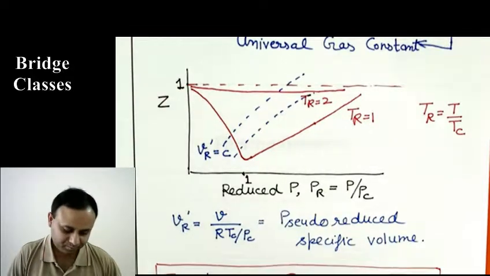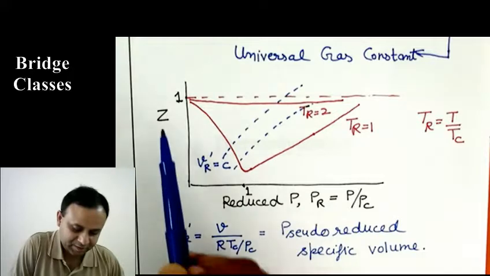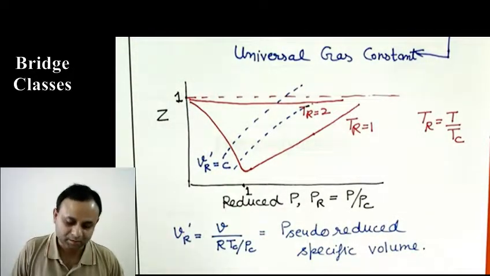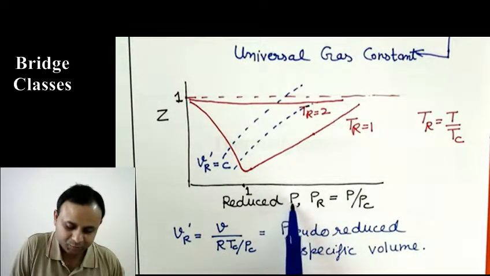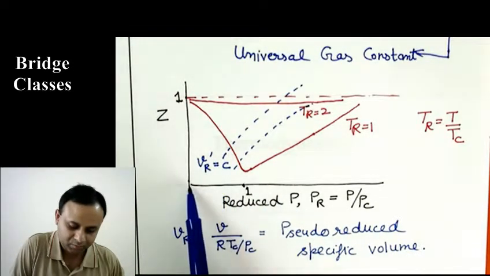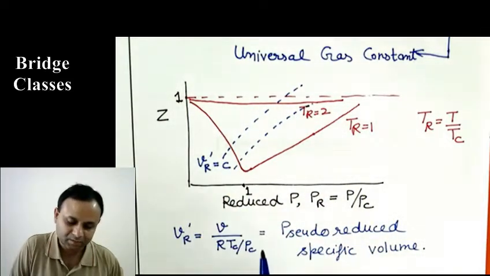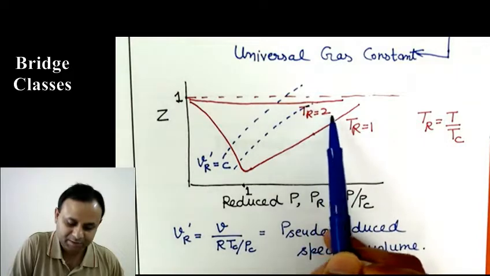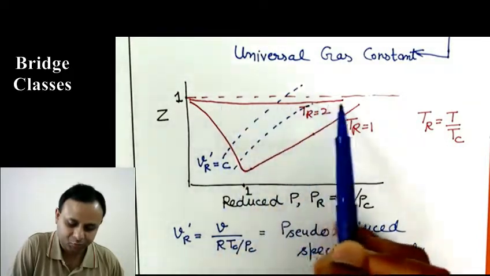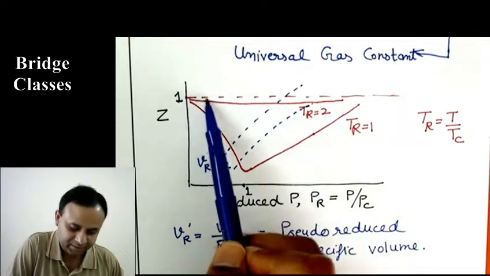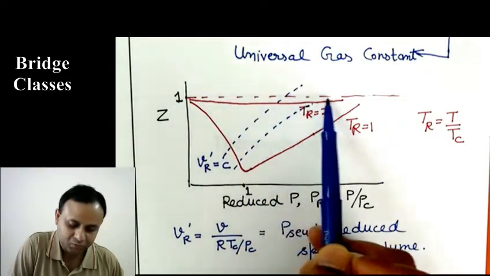Okay. And on this diagram you see Z approaches 1 in two situations: when the reduced pressure is very low, so regardless of temperature, Z approaches 1. Or if reduced temperature is high, above 2. If reduced temperature is 3, you will get a curve around here, which will be very close to 1.